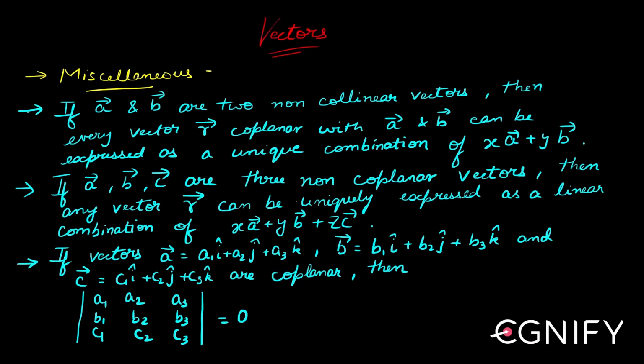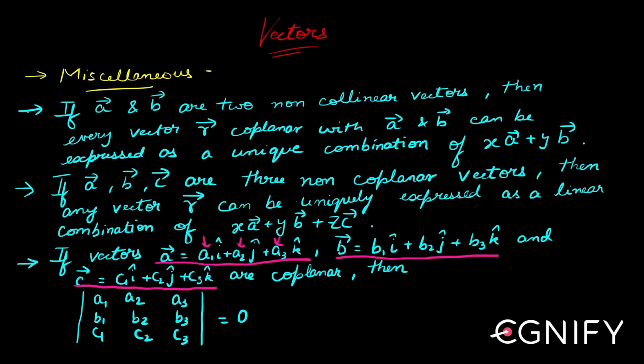So you have three vectors given in their component forms. The first vector is your A bar, which is A1 i plus A2 j plus A3 k, and you already know this is called the component form, where A1 is the X component, A2 is the Y component, A3 is the Z component. Similarly, you have B in its component form and you have C in its component form.